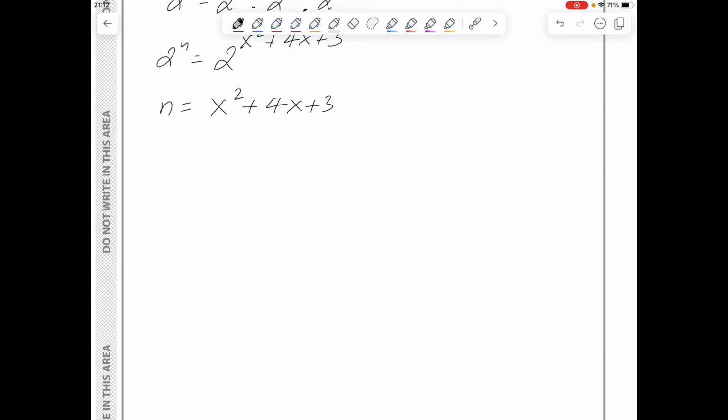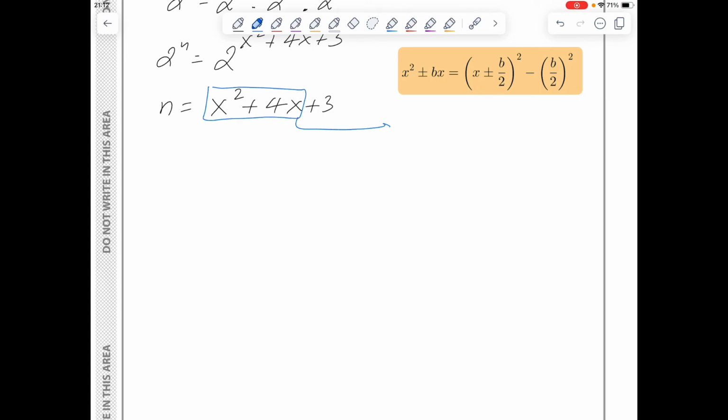The target now is to make x the subject. I know it's tempting to factorize, but don't do that. This will lead nowhere. The way to proceed is to complete the square. So let's focus on the x squared plus 4x. Now in our case, b is equal to 4. So b over 2 is equal to 2.